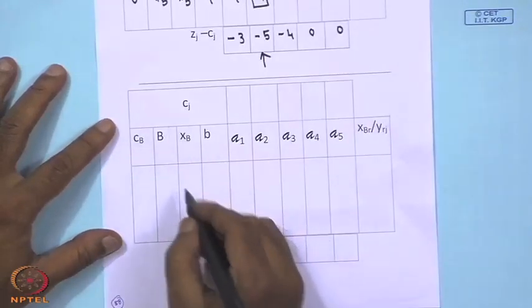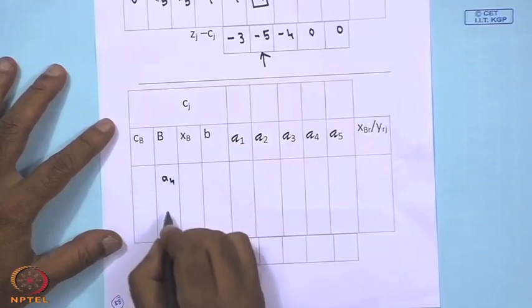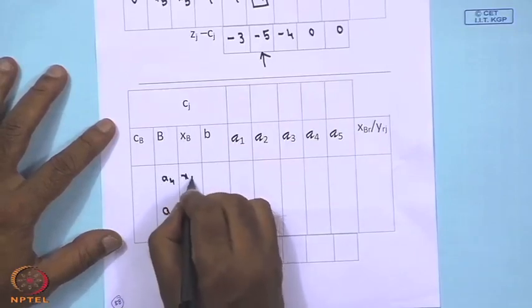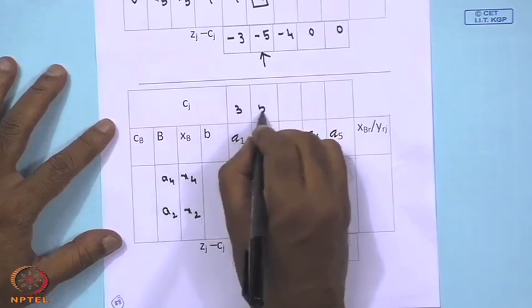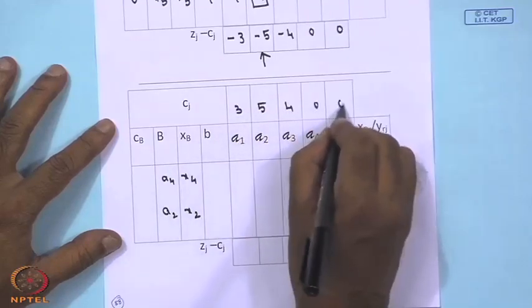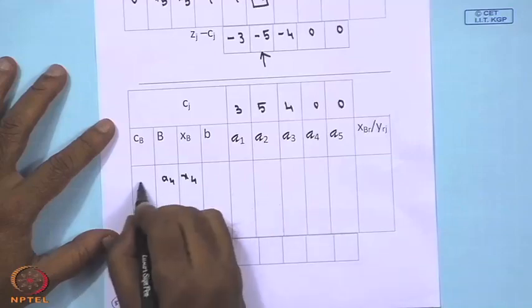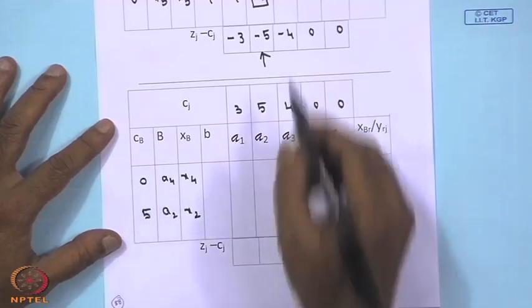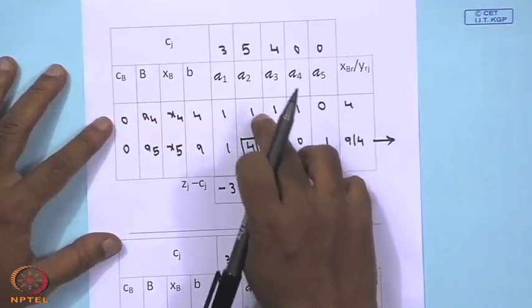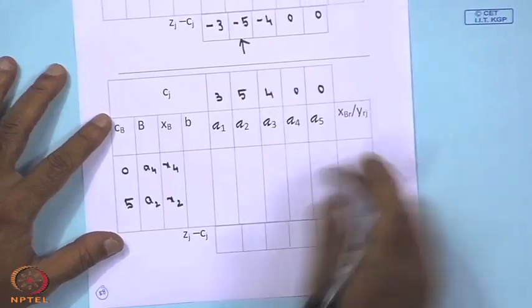I am not telling in details of this, I am just writing this one now, x 4 and x 2 is coming, Cj is 3 5 4 0 and 0. So, A 2 is 5. So, I have to make this one as 1 and this element as 0. So, I am writing directly what is the result.